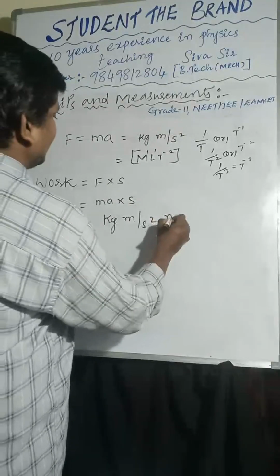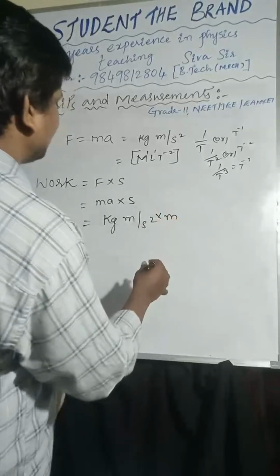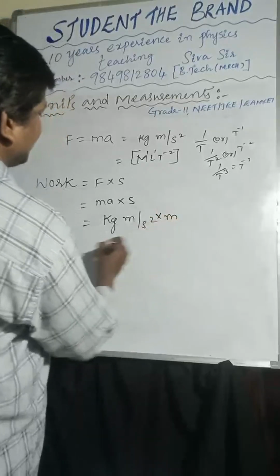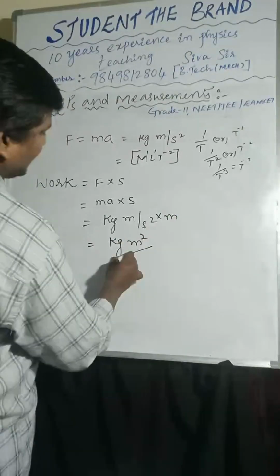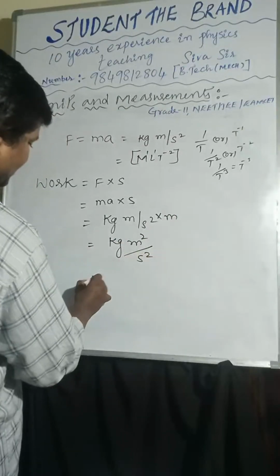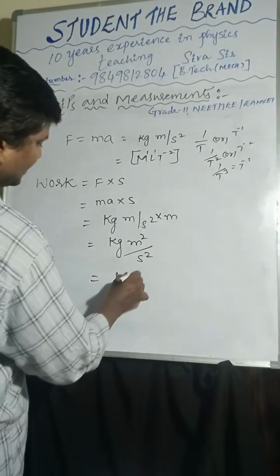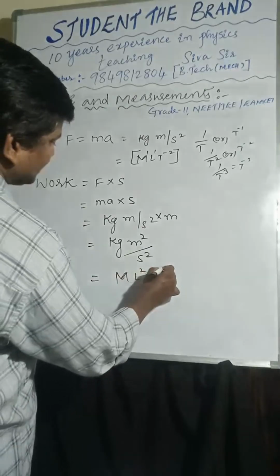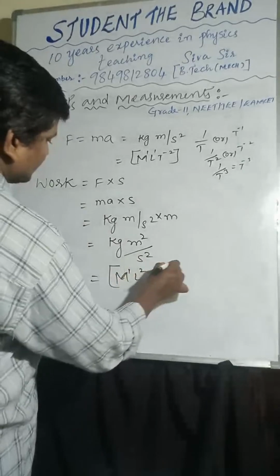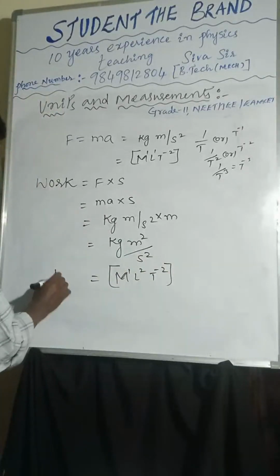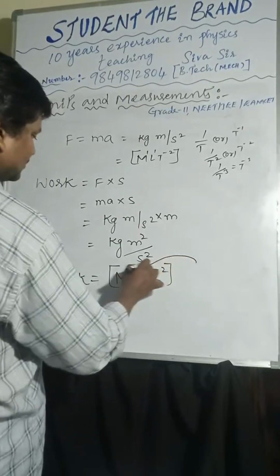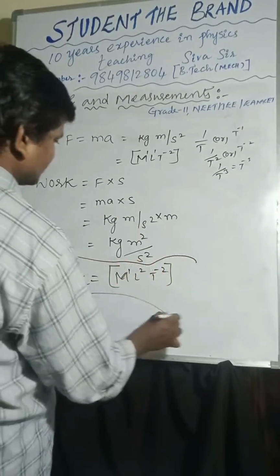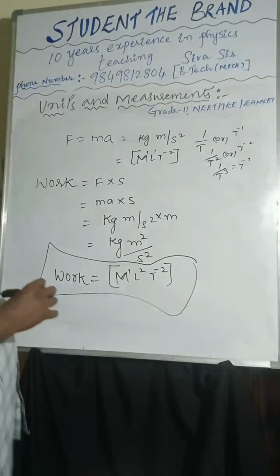Then meter again, the SI unit of distance is meter. Then we can write kg meter square per second square. Then we can write capital M L square T power minus 2. That is the work. Clear?